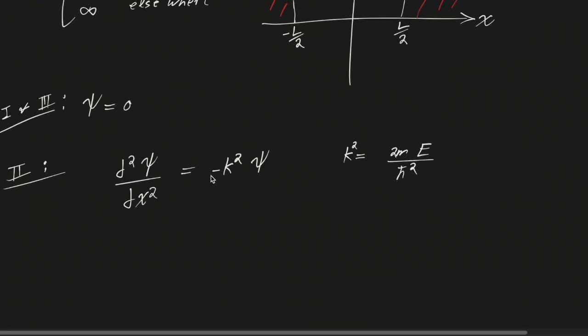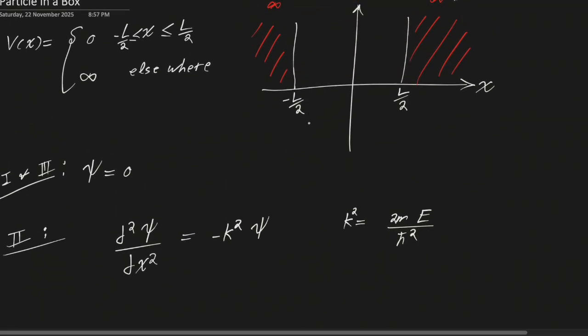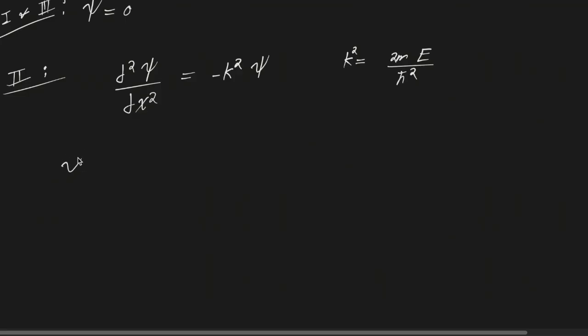So the derivation up until this point will be exactly similar to the one we did earlier. The solution obviously will also be a sum of sines and cosines, a sine kx plus b cosine kx.